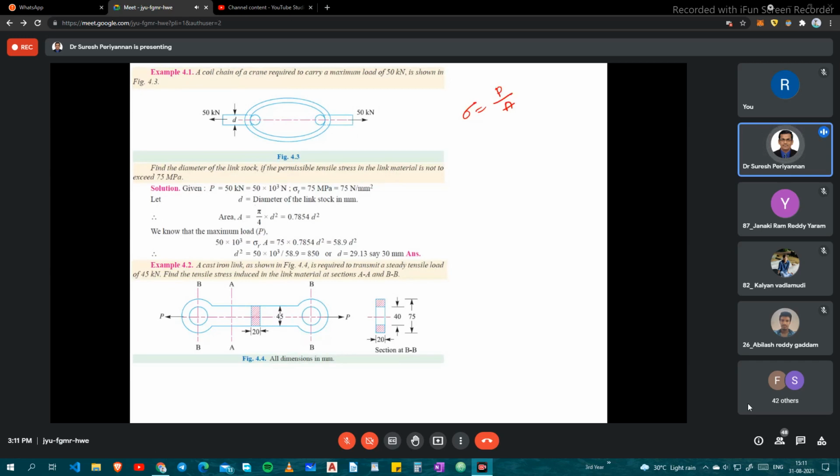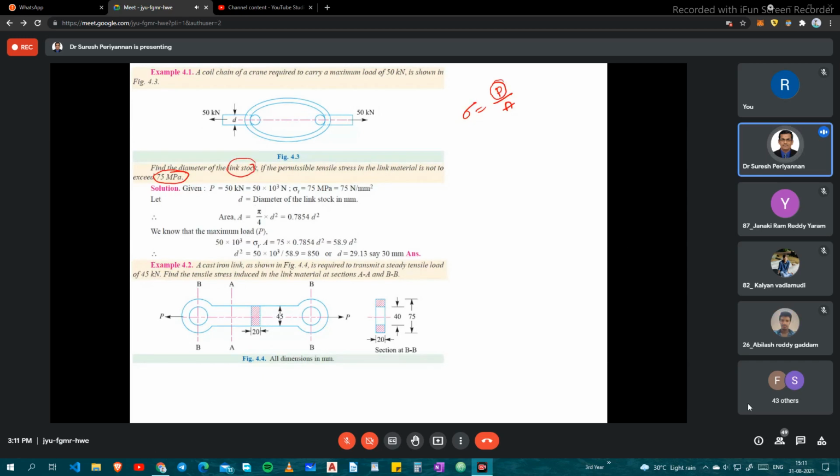They have given the load we are going to carry using this crane link, 50 kilonewton. The permissible stress is 75 megapascal. Then you can easily find the dimensions of the link stock.